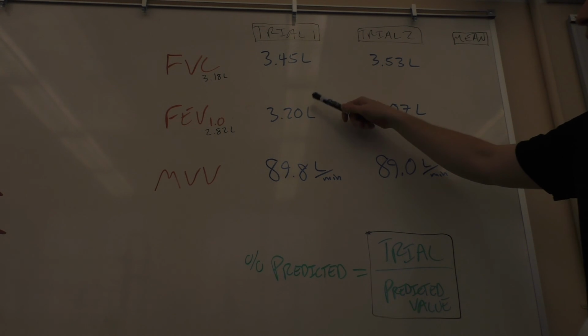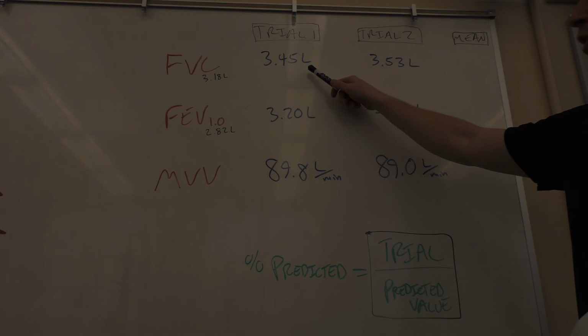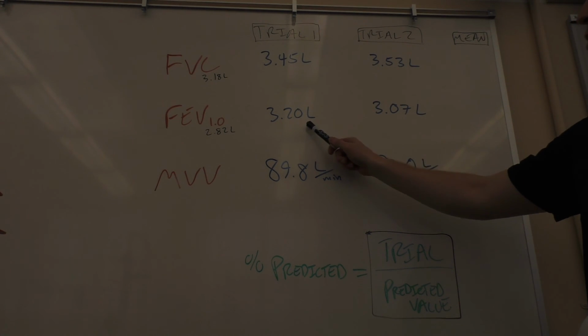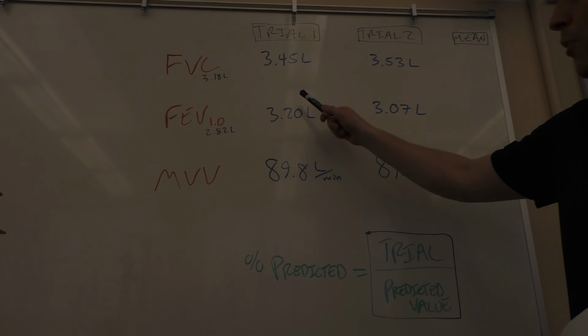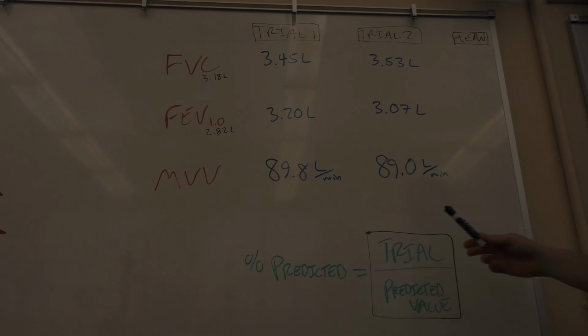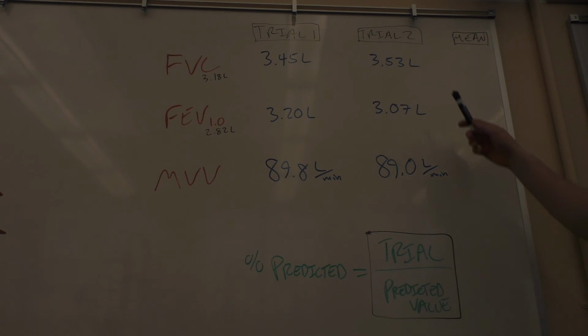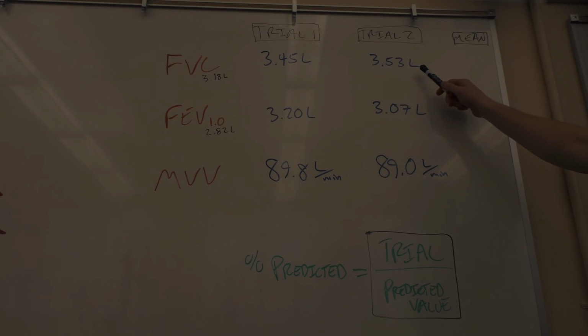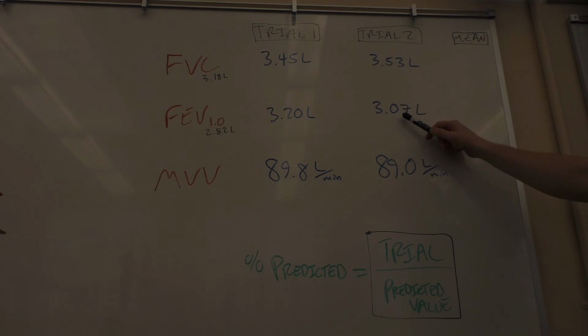And the first second of that 3.45 liters was 3.20 liters, okay? Which simply means that after a second of that FVC test, the volume that was forced out was the difference, 0.25 liters. For trial 2 FVC test, a little bit higher, 3.53 liters, but the FEV1 within the first second was actually lower than trial 1 at 3.07 liters.